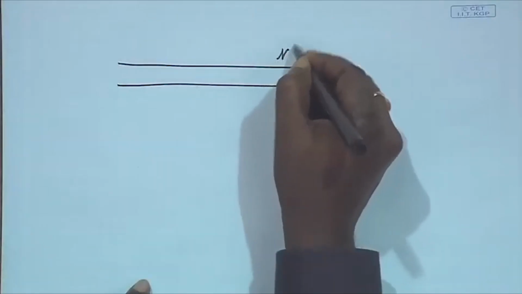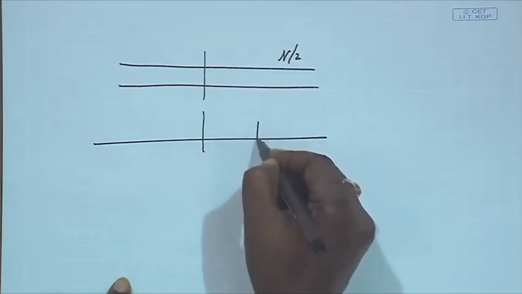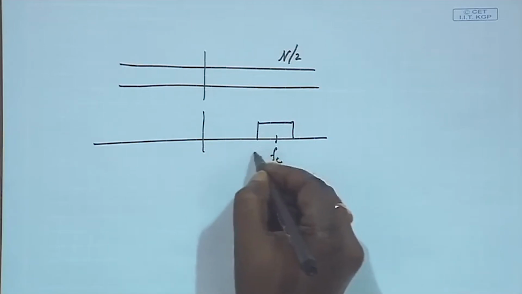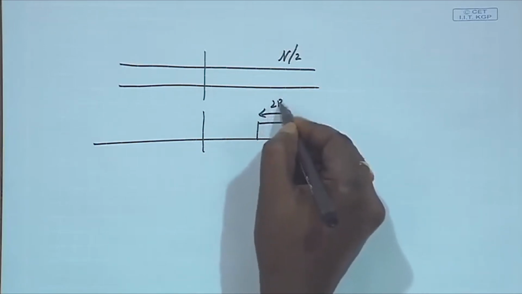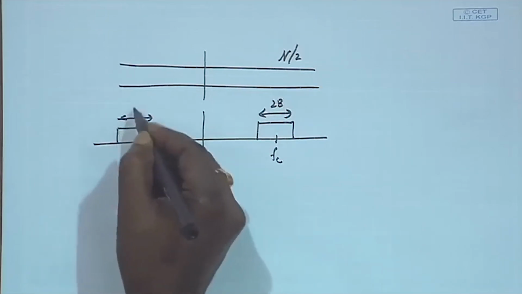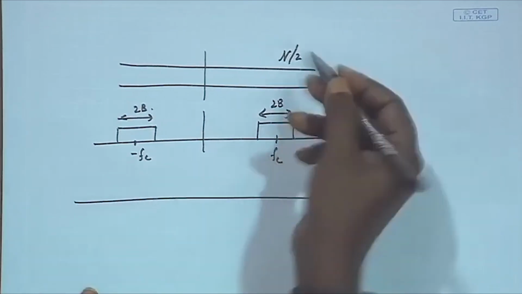So, let us go back to our noise, which was something like this. We want to characterize that noise, which has a strength of eta by 2. Now, this noise is passed through a band pass filter centered around Fc, with band 2B, and similarly at minus Fc, band 2B. How will the noise look after passing through that?